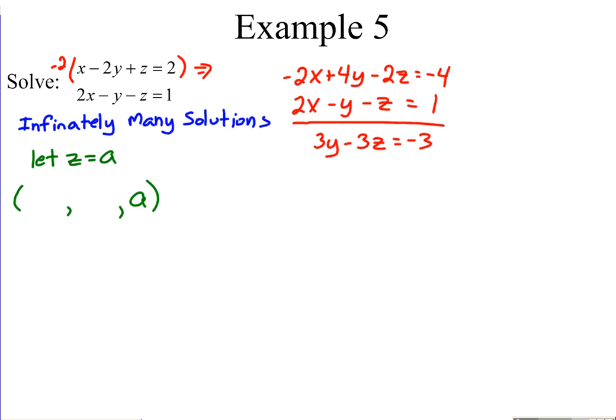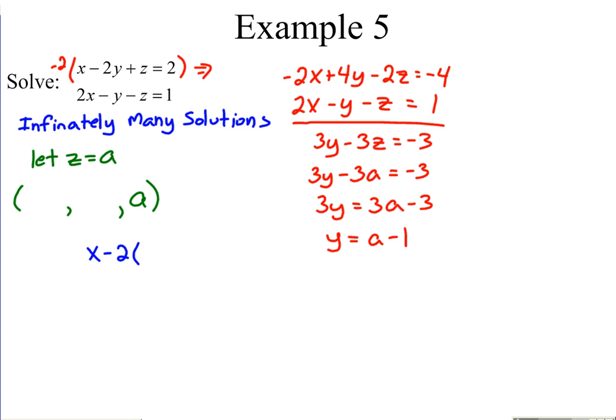Remember, though, we know that z is equal to a, so we can solve right away for y in terms of a. Divide by 3, and y is going to equal a minus 1. Next, let's go ahead and find x. If I use that top equation, x minus 2 times y, which we now know is a minus 1, plus z, which we know is a.